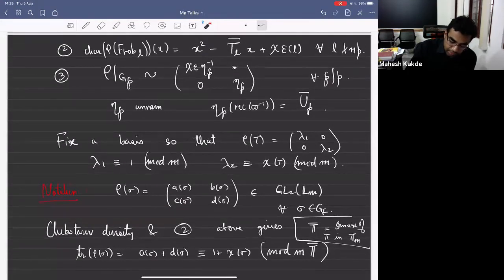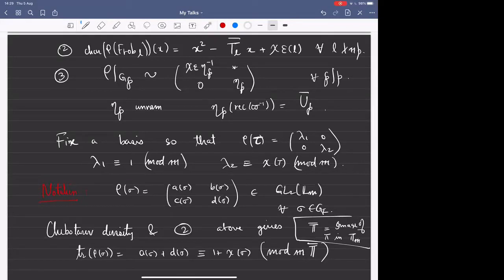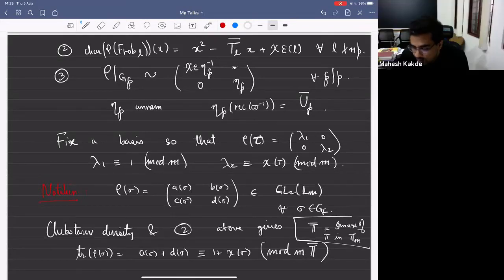Okay. So now we can fix a basis. This is rho tau. This is tau, not T. This tau. So we had this tau from the previous lemma. Oh, it says, can you give the definition of an unramified character?